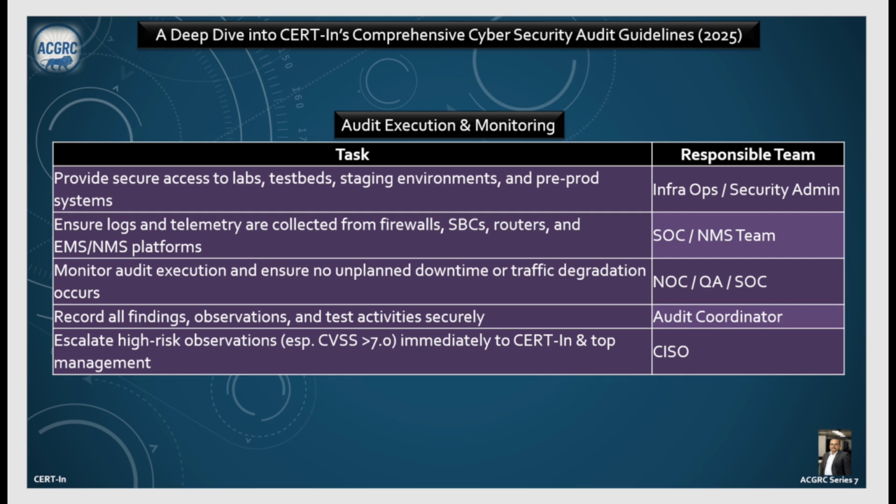This is step 4. Your audit coordinator is the one who would need to get involved and drive this. Step 5 is where you escalate, when required, any high risk observations immediately to CERT-In and the organization's top management. This is where CISO would play his role.